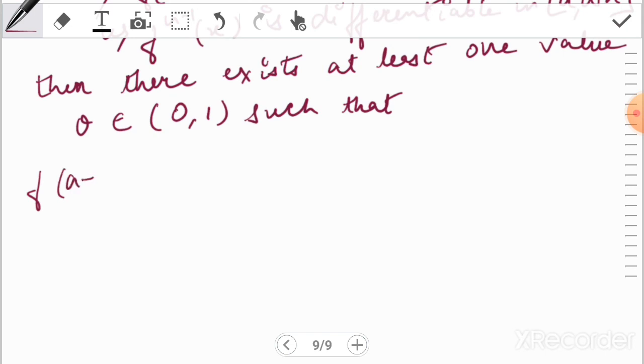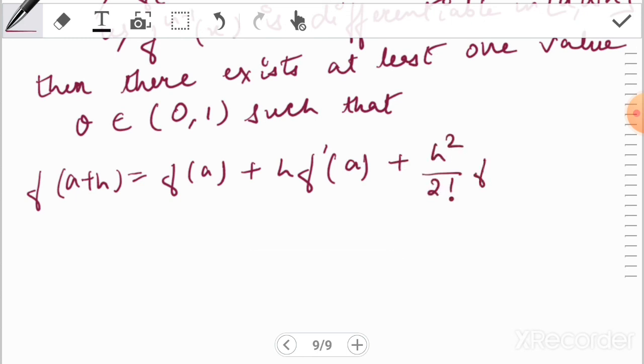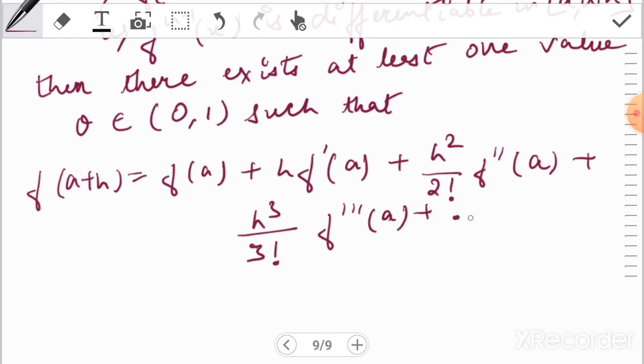f of a plus h is equal to f of a plus h f dash a plus h square by 2 factorial f double dash a plus h cube by 3 factorial f triple dash a plus up to h to the power n by n factorial f^n of a plus theta h. Okay.